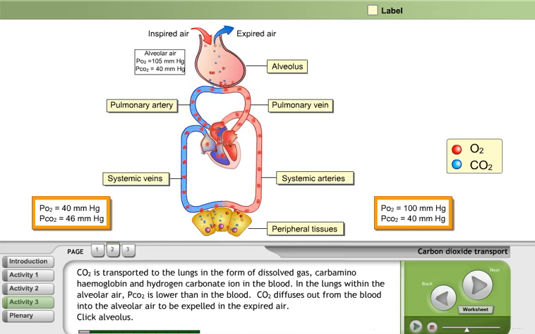In the lungs within the alveolar air, partial pressure of carbon dioxide is lower than in the blood. Carbon dioxide diffuses out from the blood into the alveolar air to be expelled in the expired air. Click alveolus.